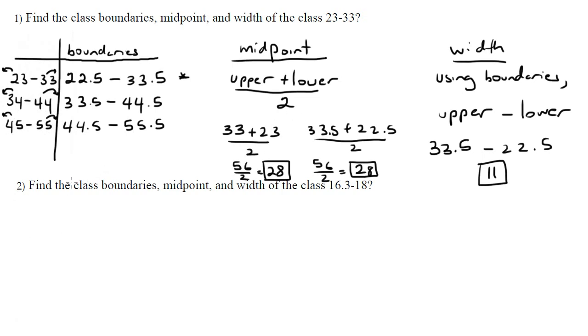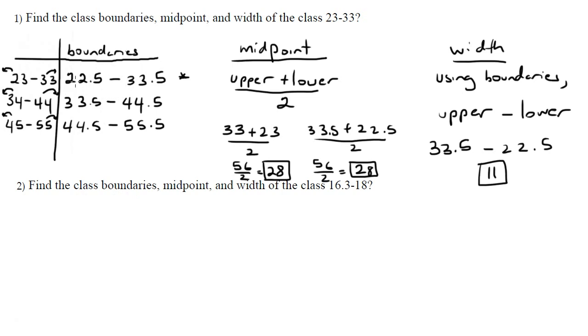So we're doing the same exact procedure for number 2, the class boundaries for this class here. Okay, now this one is interesting because the class limits are 16.3 and 18, right? 16.3 to 18. So this is a decimal here. So the way to calculate the boundaries is slightly different, right?